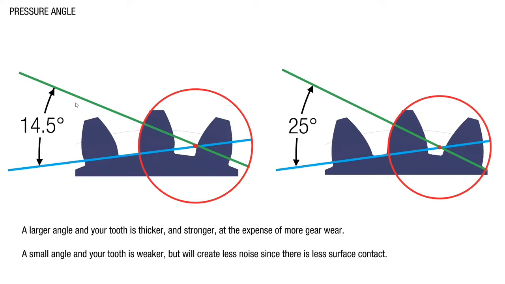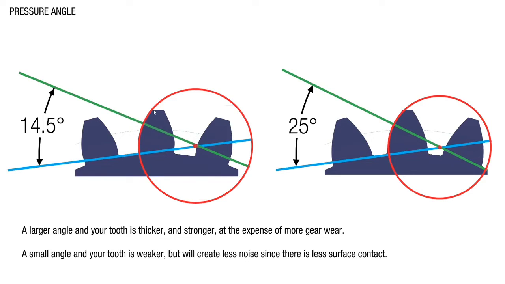If you take these two lines and you draw an angle between them, that's the pressure angle. So you can see here, this is 14.5 degrees.